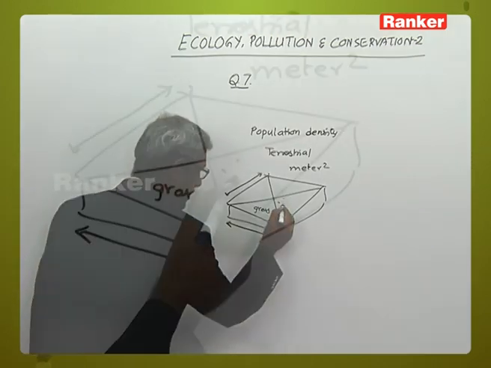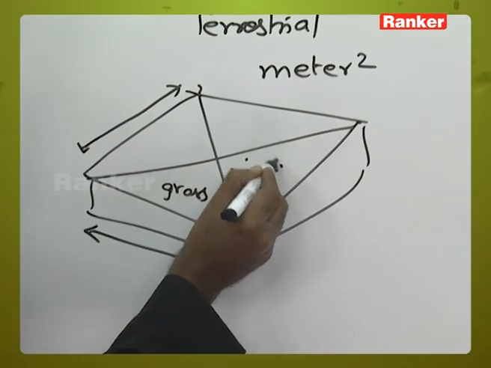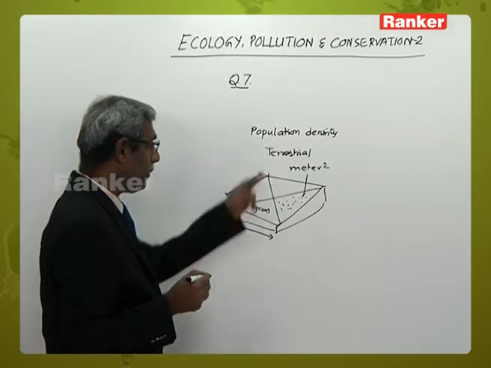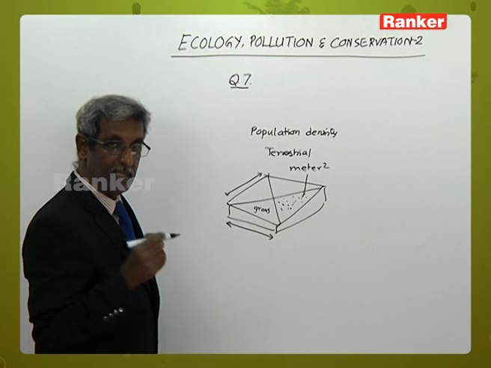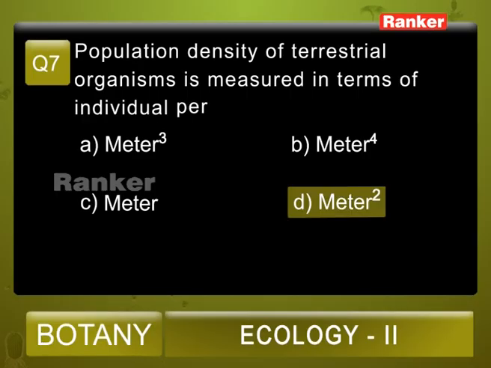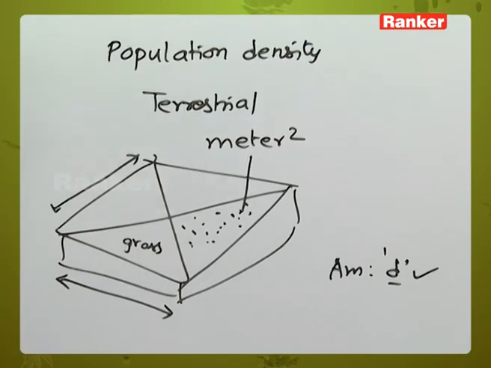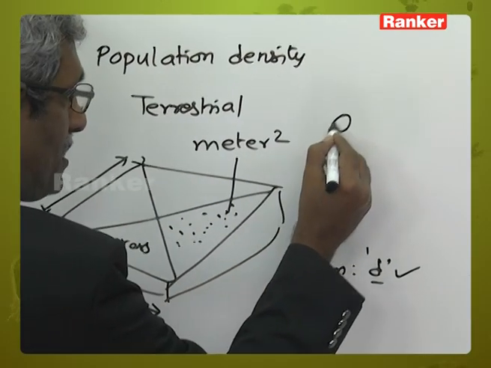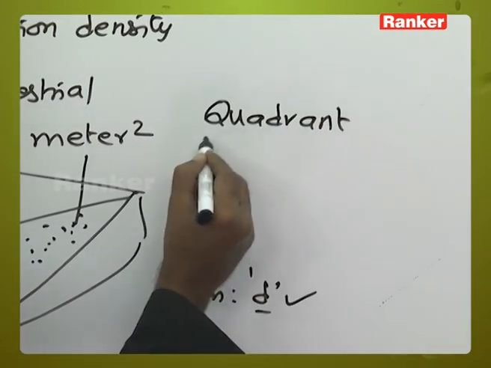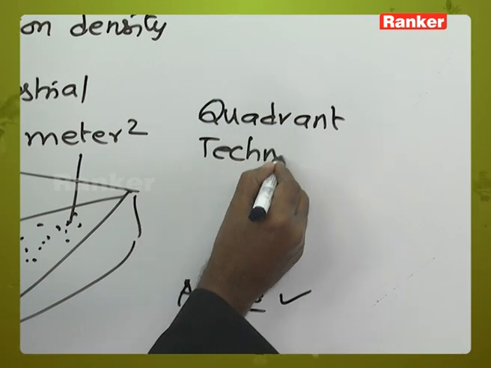The number of grass species present in a meter square is primarily a measure of the population density. Hence, the choice is D, that is meter square, and the answer is D. And this method of measurement is termed as quadrant technique.